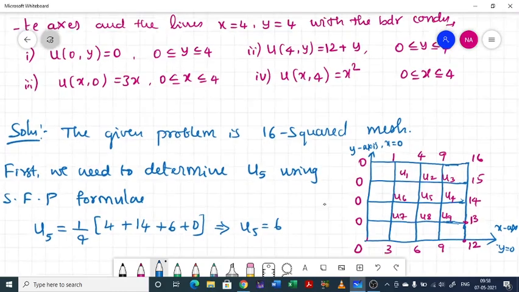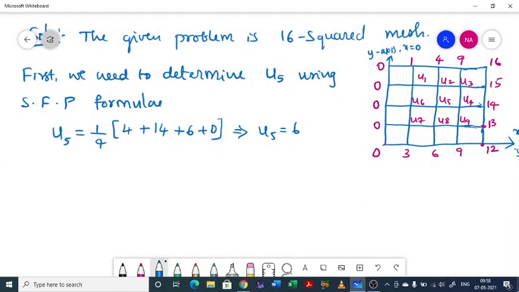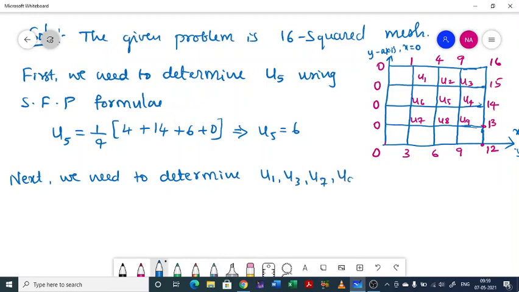Next, use the diagonal formula to determine these entries: u1, u3, u7, u9. I won't write the formula again, I'll just write the values.